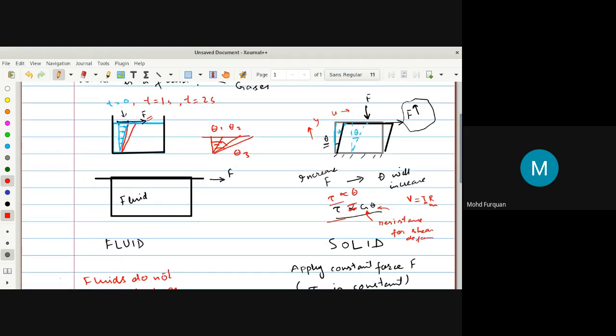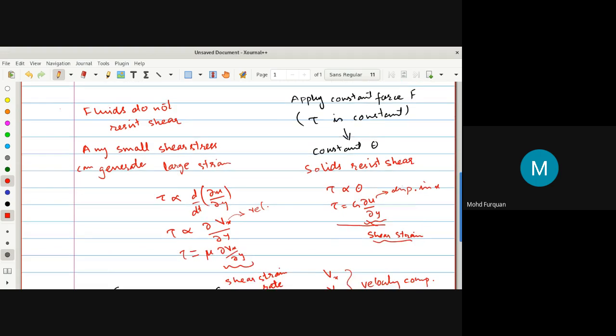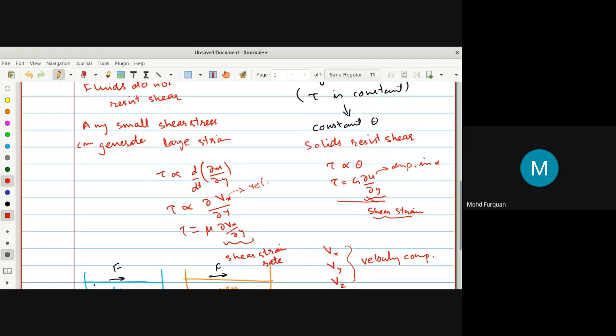As you saw, at t equal to 1 it was theta 1, then it became theta 2, then theta 3. Similarly your du by dy will keep on increasing in case of fluid. So if it keeps on increasing, how will you relate it to your tau? You can't do that.